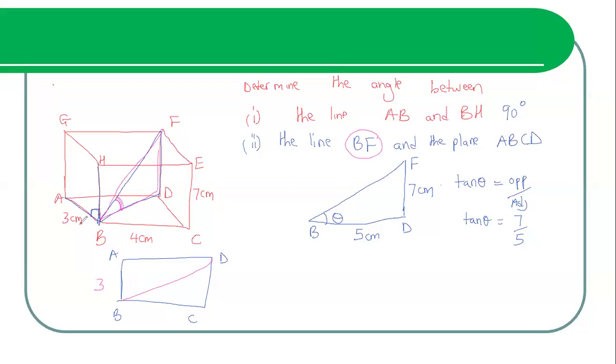And this one being a rectangle, this side will also be 3. This is 4. So you find this line from here up to here, and use the Pythagorean theorem. You say my BD squared is equal to 4 squared plus 3 squared, which will give you 16 plus 9, which is 25. So your BD will equal the square root of 25, and you end up with the answer 5.